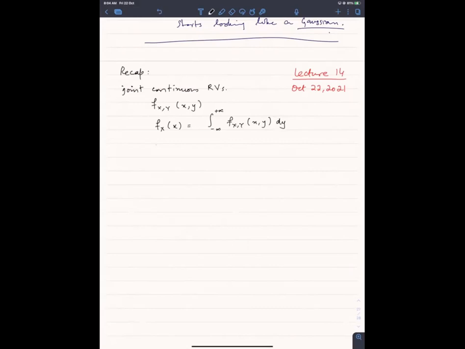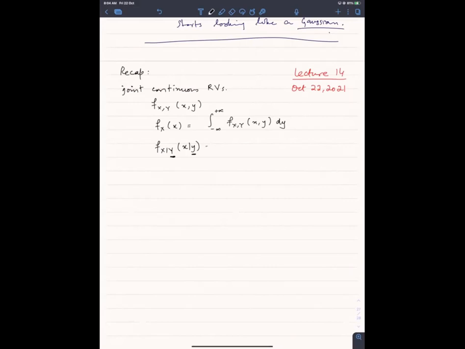We also talked about the conditional distribution of X given Y. I know we all understand that the probability that the random variable capital Y takes a fixed value, small y, is 0, but I can still condition on that event.